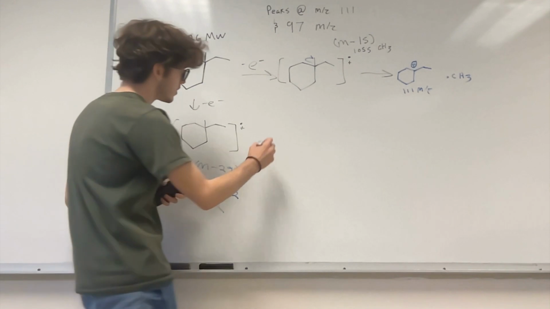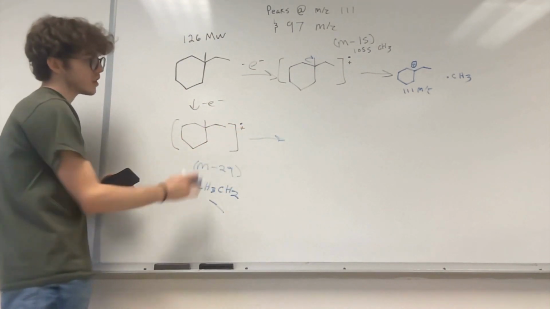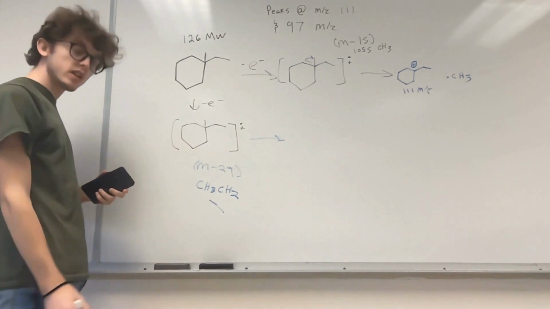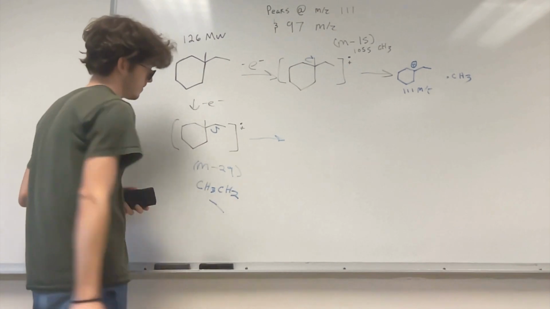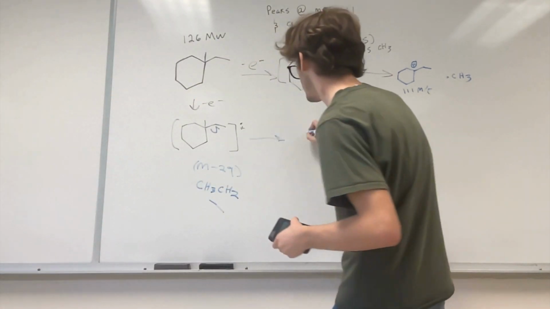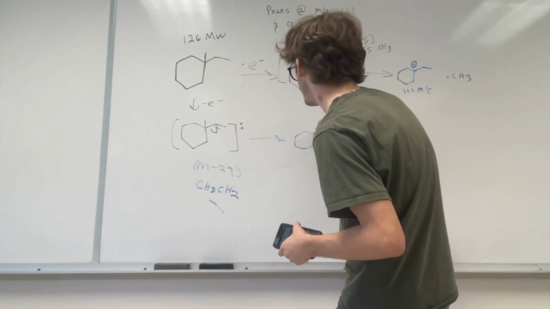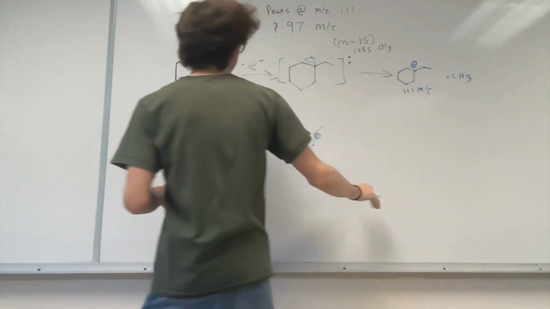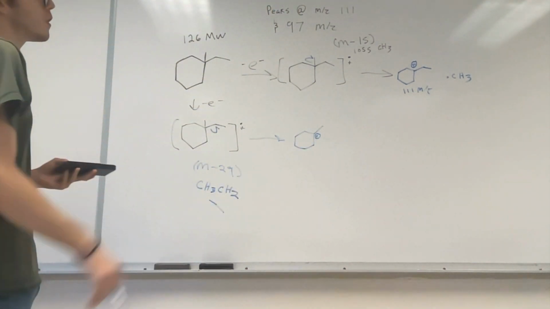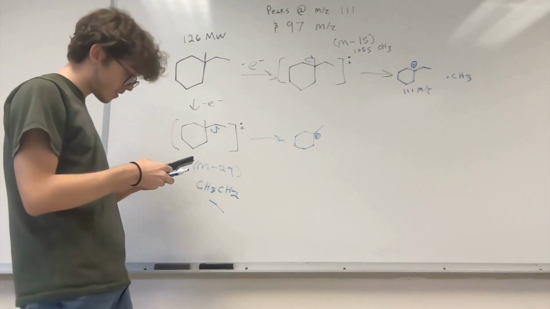Alrighty, so let's get into it. Right here we have a nice little ethyl group, and it looks like it wants to leave, so it's just going to do that. Now we get this peak right here. Let's add up the molecular weight of that to confirm that it's going to show up at m over z 97.